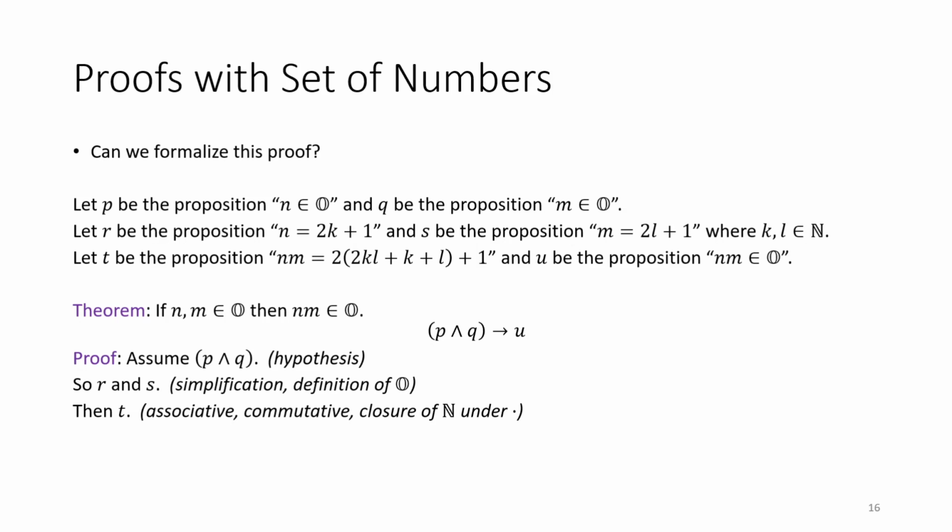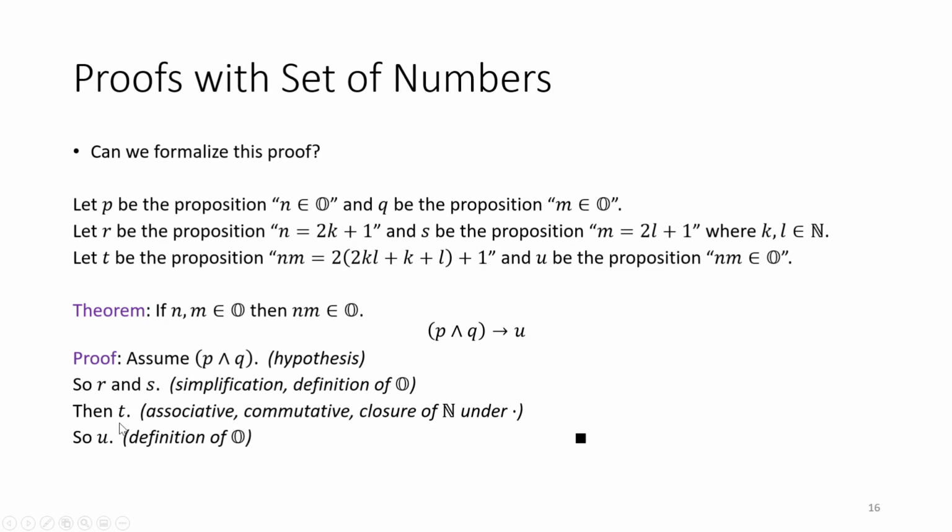So instead of trying to go down to base principles, go all the way down to the bedrock and try and prove everything from there on up, we have to stop somewhere. We have to cut off somewhere. So here I'm saying, I hope you trust me that multiplication and addition are associative, commutative, and that natural numbers are closed under multiplication. In this case, addition as well.